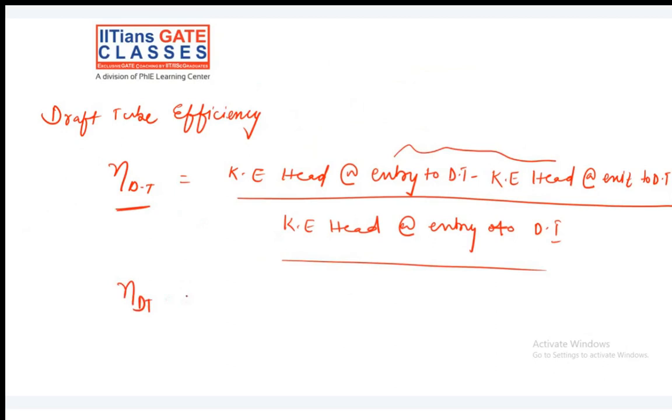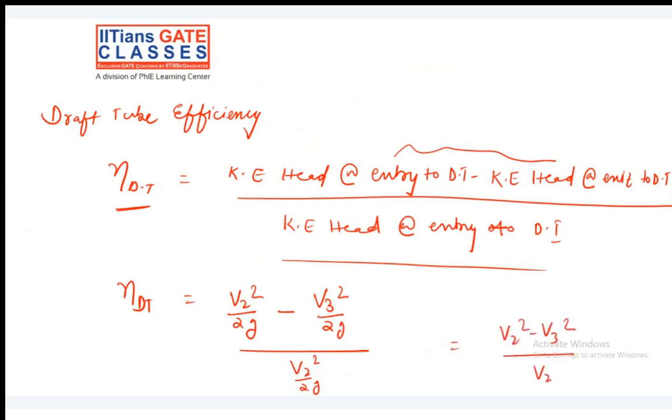So eta draft tube: the kinetic energy head at entry is V2 square upon 2g, and the kinetic energy head at exit is V3 square upon 2g, divided by V2 square upon 2g. So can I write this as V2 square minus V3 square divided by V2 square?